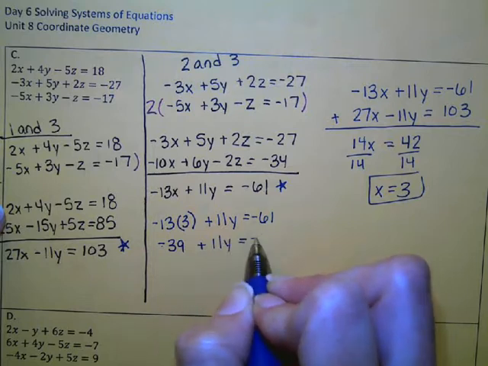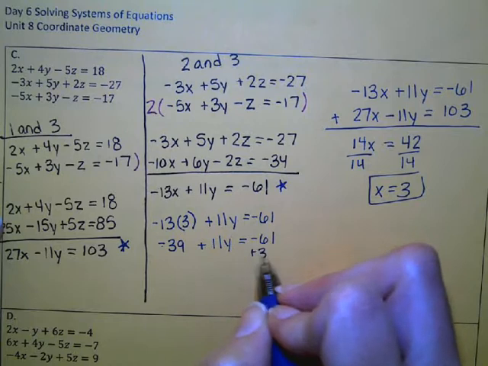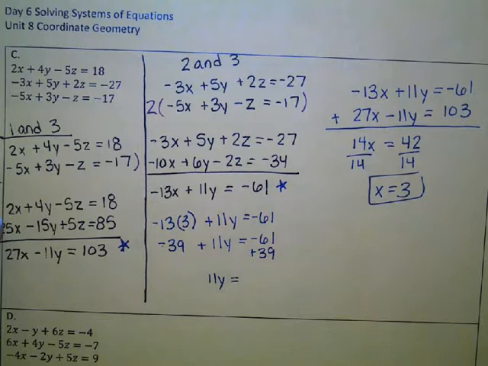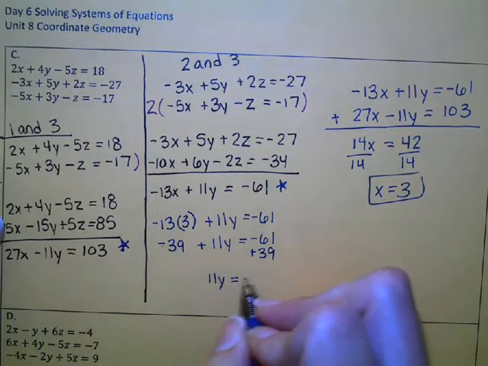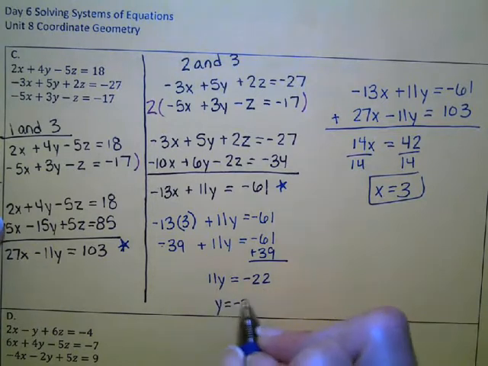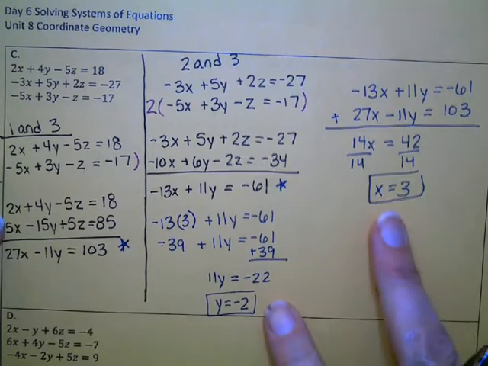Negative 39 plus 11y, when you multiply those. I'm going to add 39 to the other side. Negative 22. Divide, y equals negative 2. Okay, now we went from one letter to two letters.